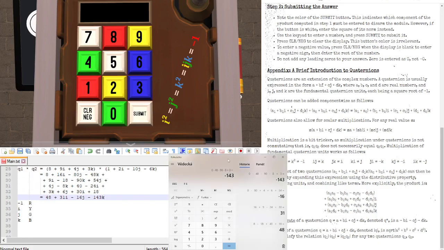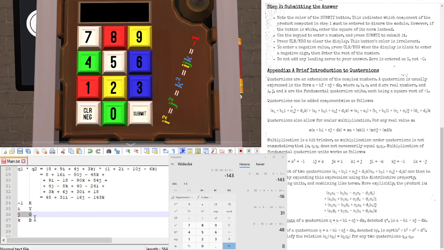And now, according to the color of the submit button, we have to submit the coefficient of the corresponding part. So if it was red, we would submit 48. If it was yellow, we would submit 31, because that's the coefficient of the i component in the product. If it was green, we would submit minus 16, so don't forget about the negation.